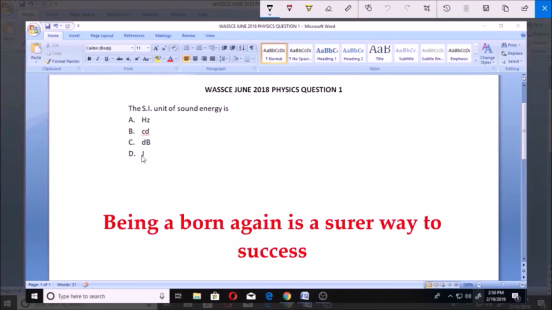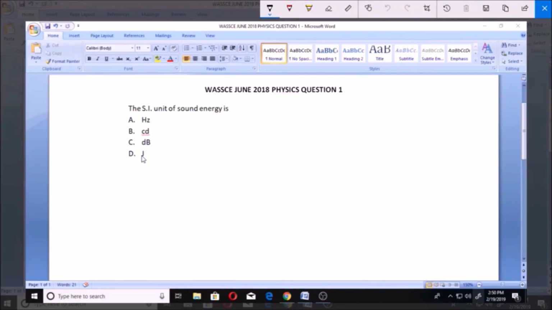Now, for us to understand this very well, we need to take note of a very important aspect of solving this problem. The SI unit for energy in general is joules.